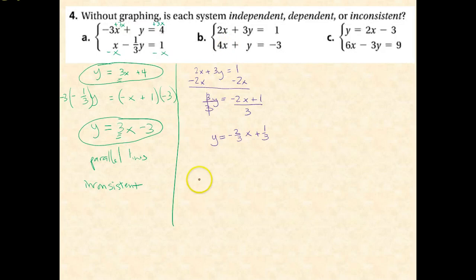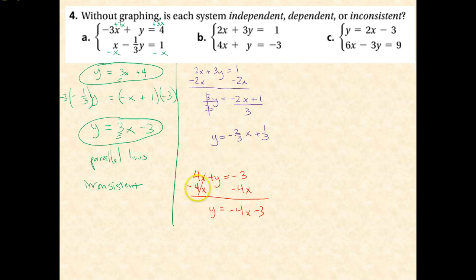Then we take the other equation, 4x plus y equals negative 3. Subtract 4x from both sides, and we get y equals negative 4x minus 3.